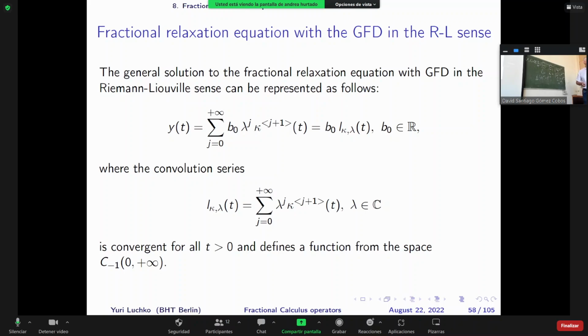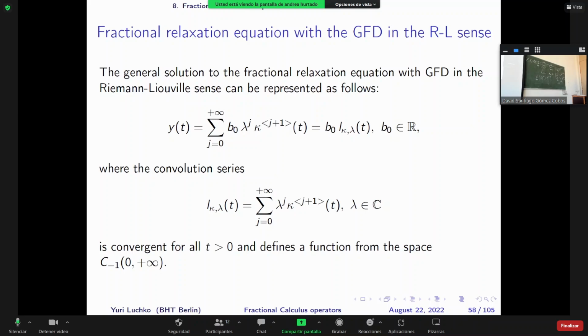Of course, it's not a surprise, it's an expected result, because this series is generated by the geometric series that is reciprocal to a fraction somehow.